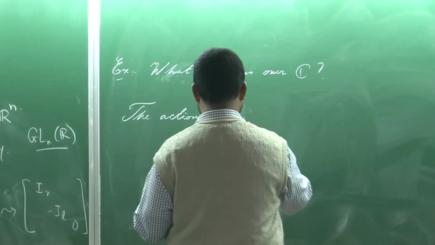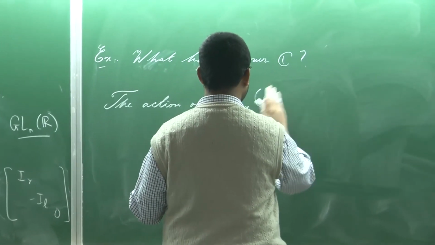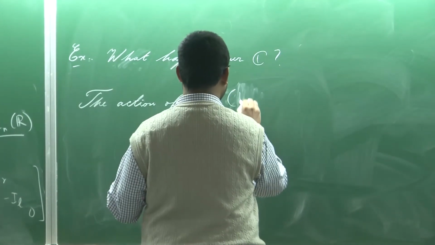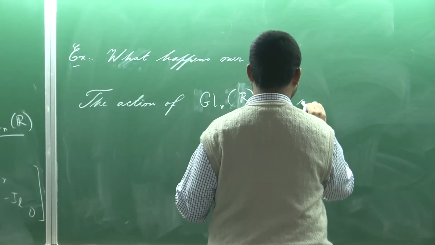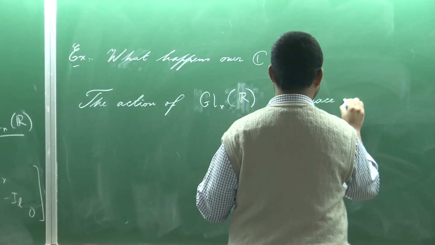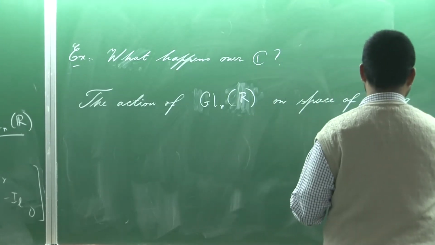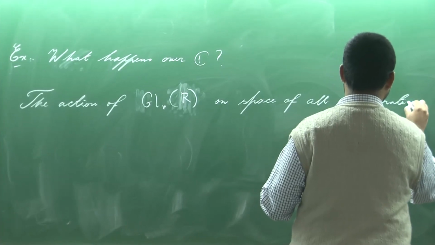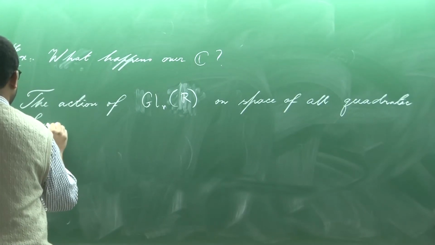So let's make it simple. Let's stick to the real case only. Action of GLn(R) on the space of all quadratic forms on Rn.